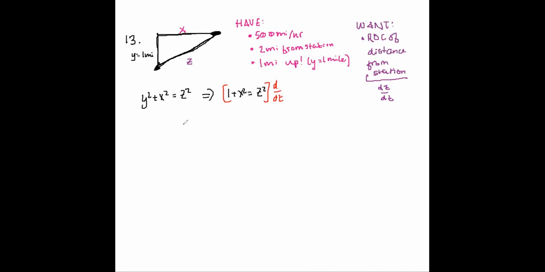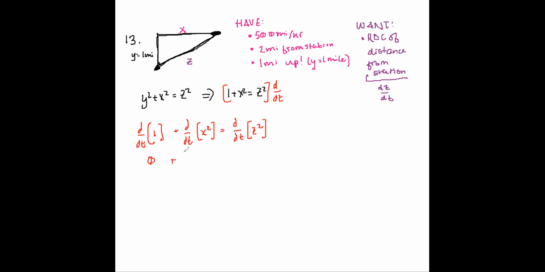So we have the derivative of 1 with respect to t, the derivative of x squared with respect to t, and the derivative of z squared with respect to t. What is this going to turn out to be? The derivative of 1 is going to be 0.